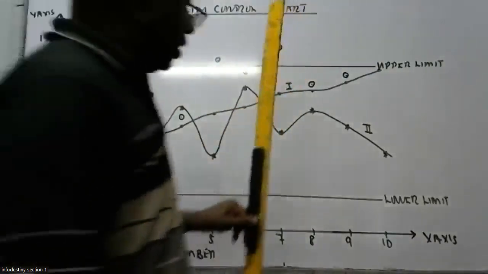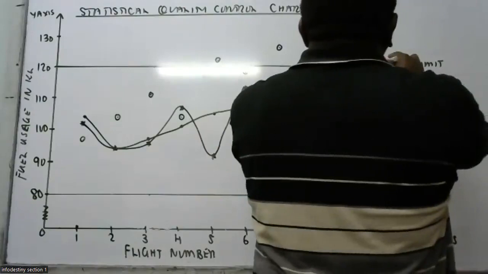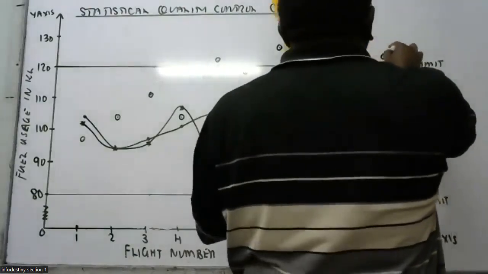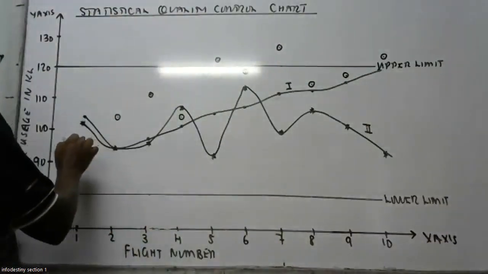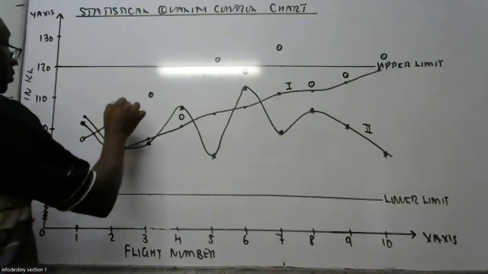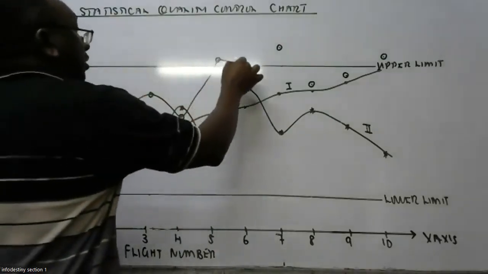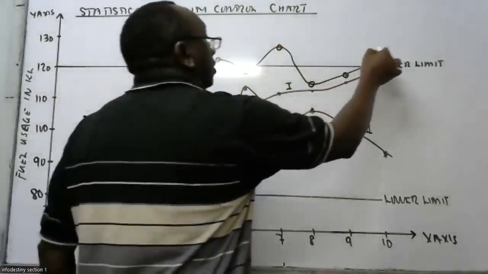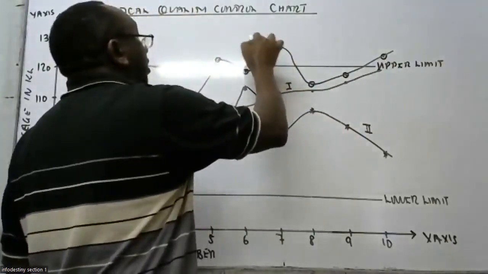The last one is 123. So 1, 2, 3, so 123 is here. So you join them using a very smooth line like this. That is skyline number 3.